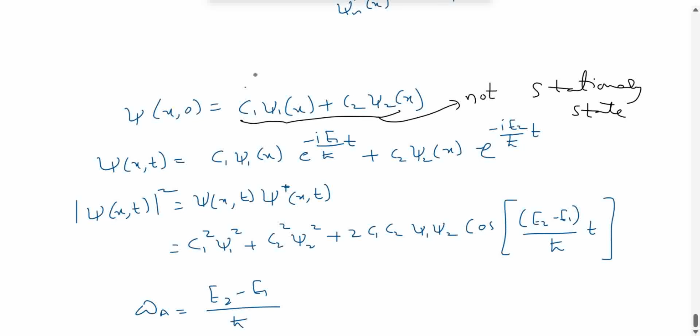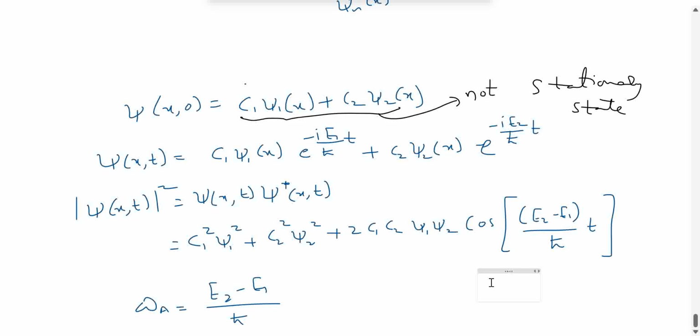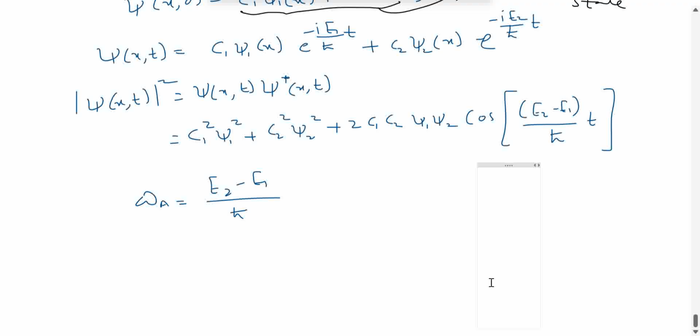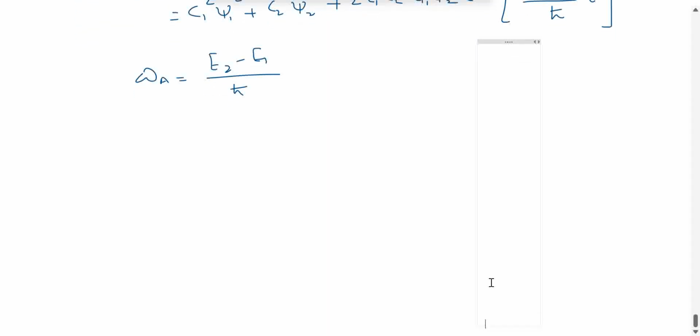Now let's go to property 5. Its probability interpretation.